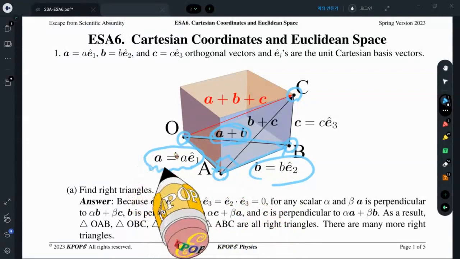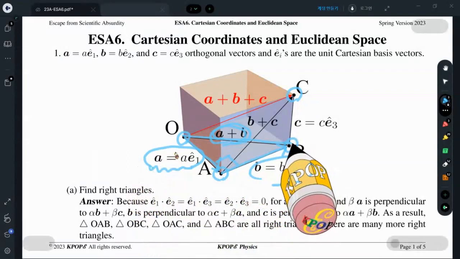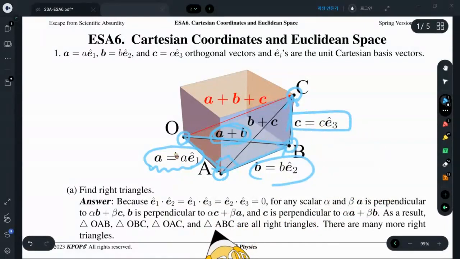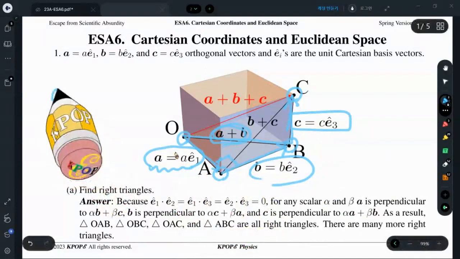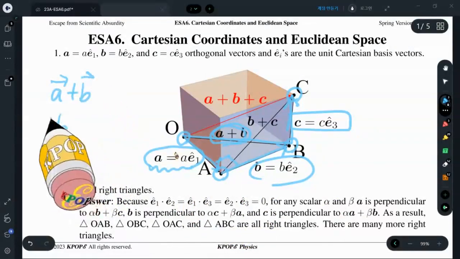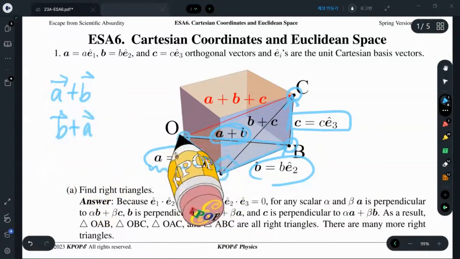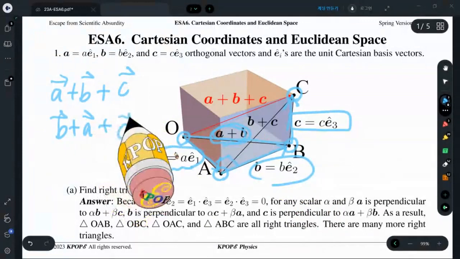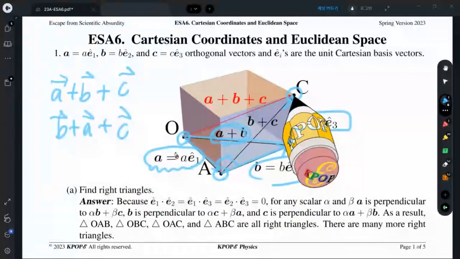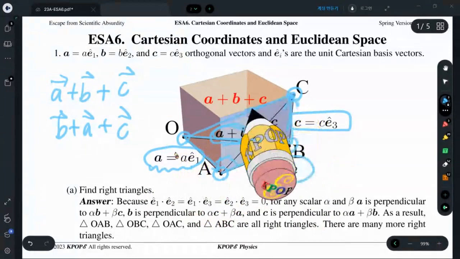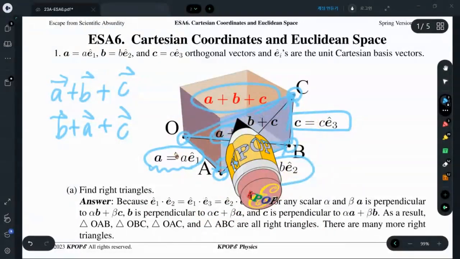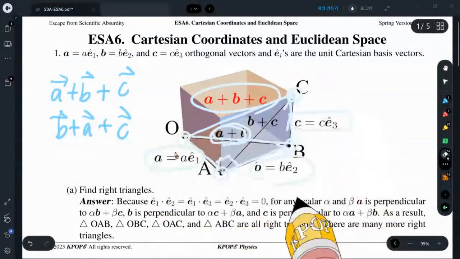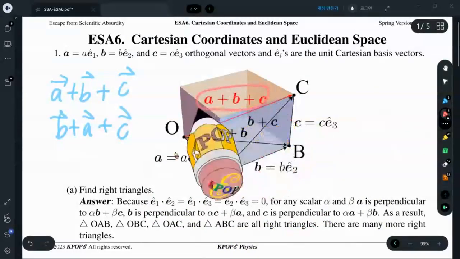Okay, and then I'd like to go further by elevating by this vector C. Then A plus B and B plus A both represent a single diagonal. And then why don't we add C? Finally, we obtain a resultant vector called A plus B plus C. Actually, we have so many possibilities of obtaining this resultant vector.